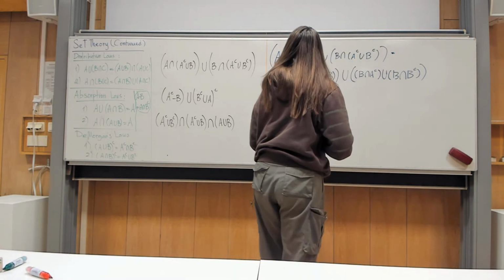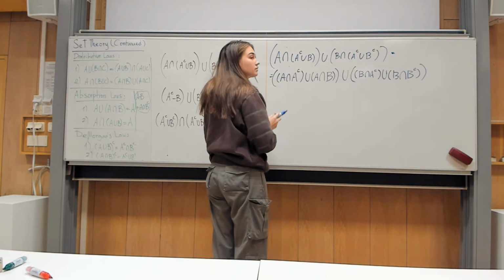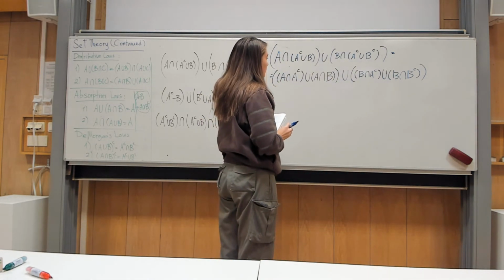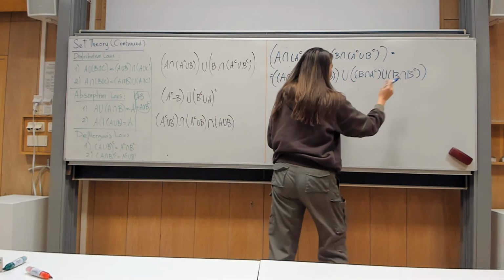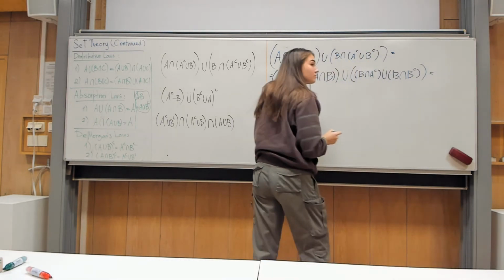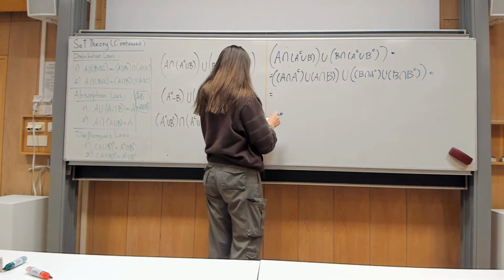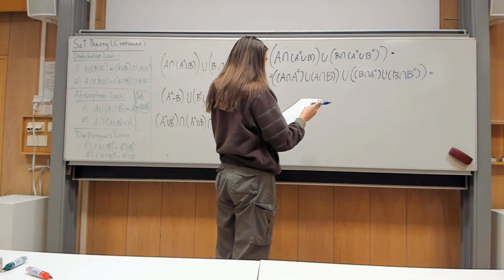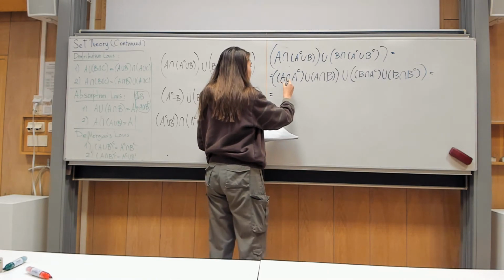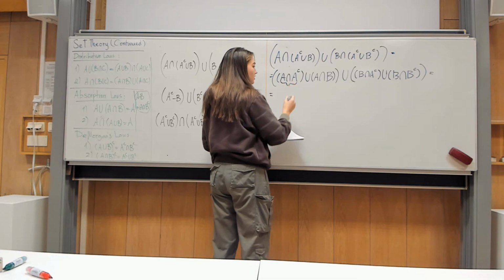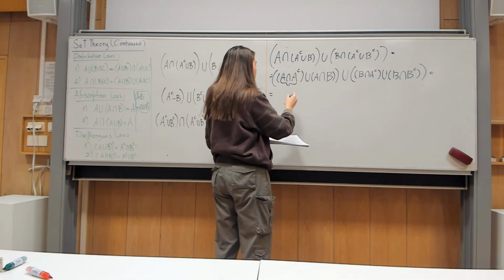Okay, so you did two distributive laws, yes? Exactly, one in the first pair and the other one in the second pair. I checked everything is right, so if you don't understand something, please let me know. And then the last one is just the empty set. There is no intersection.